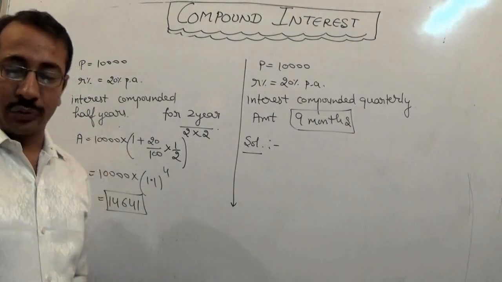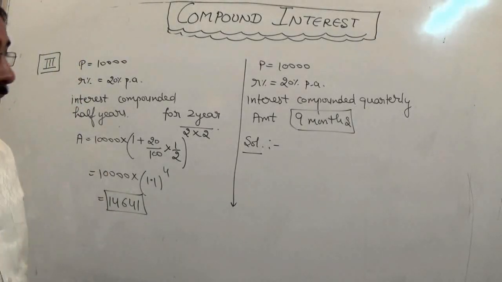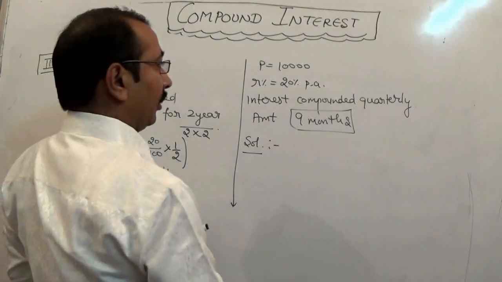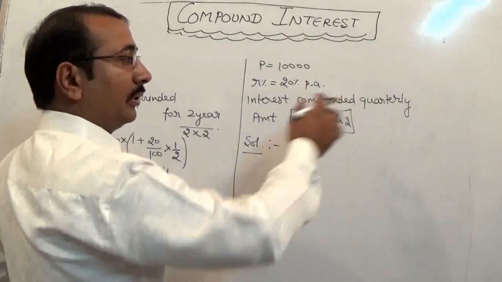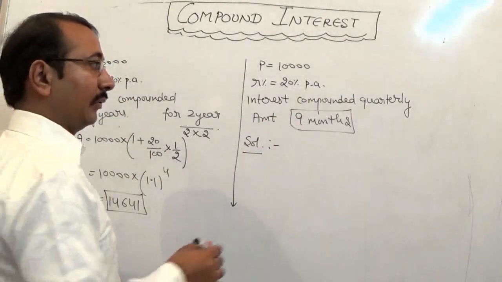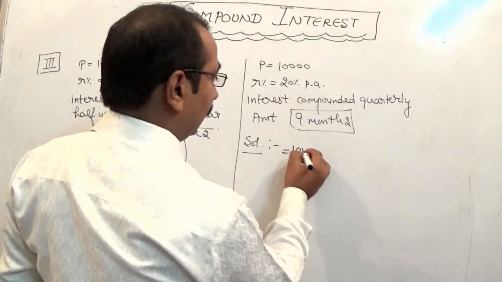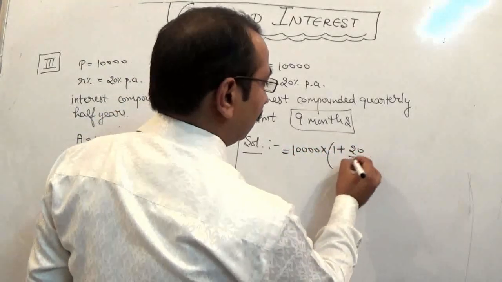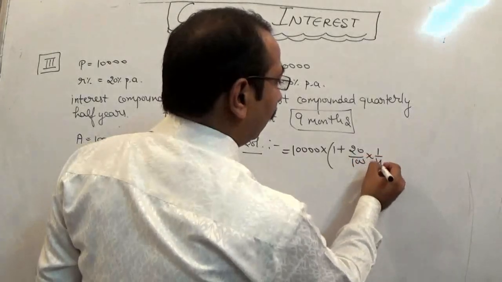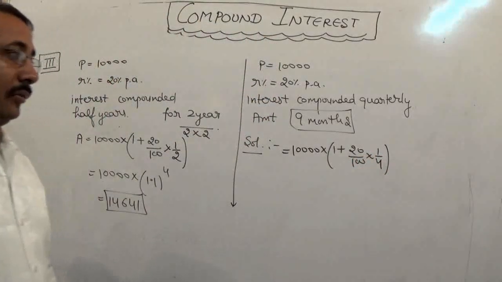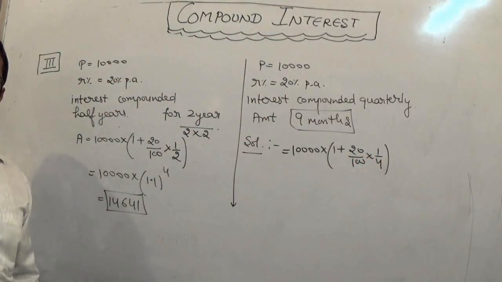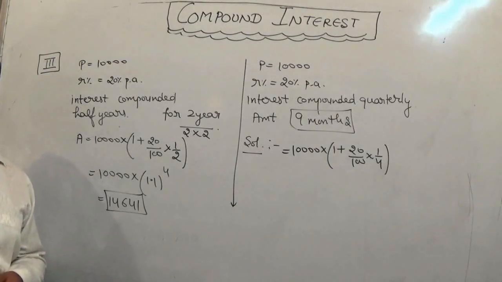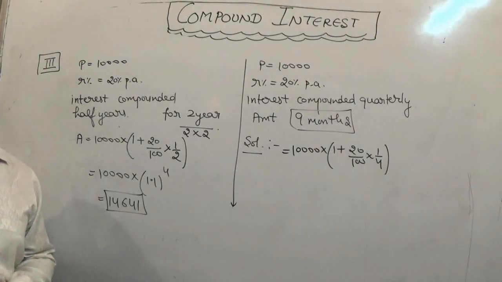Now when I look at this question, principal is 10,000. Rate of interest is 20% compounded quarterly, which means I have to make it 1 by 4. So it should be 10,000 into (1 plus 20 upon 100 into 1 by 4). Now the problem is my timing is 9 months. Quarterly means 3 months, so in 9 months how many quarters do I have? 3 quarters.